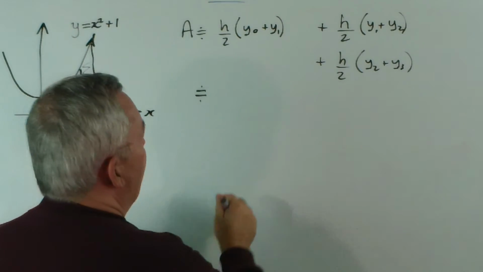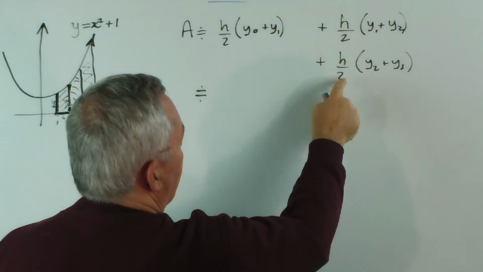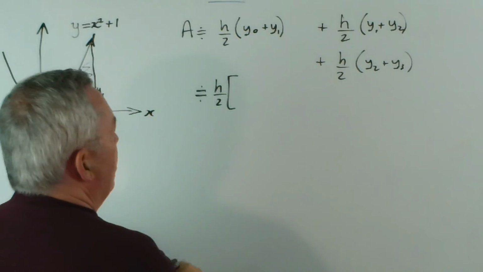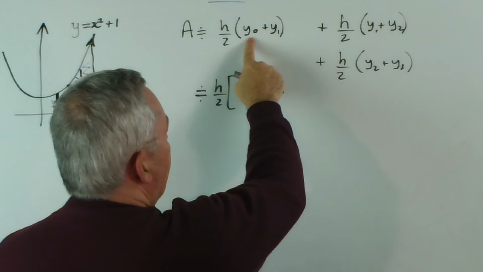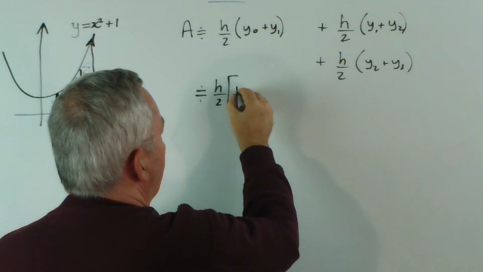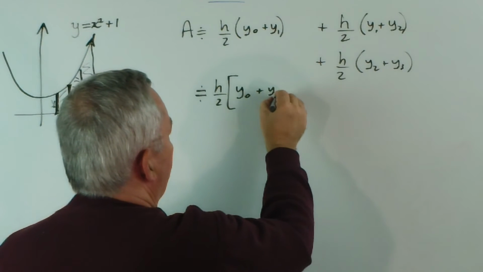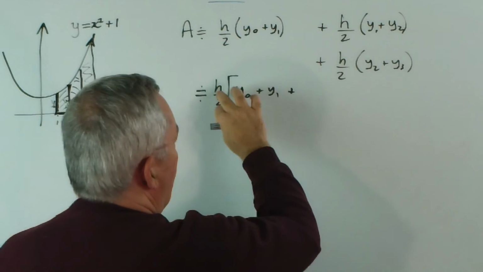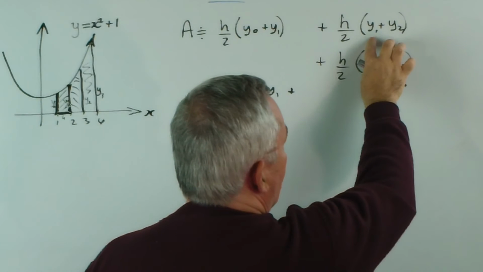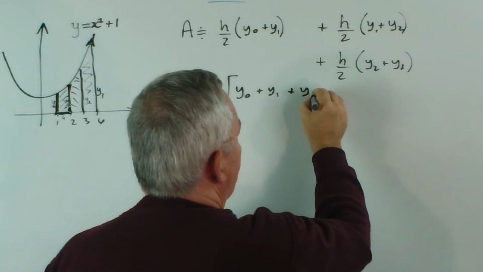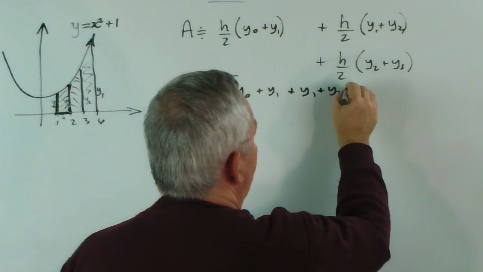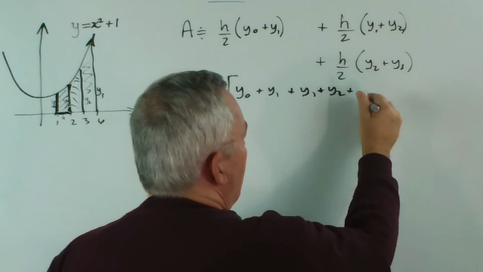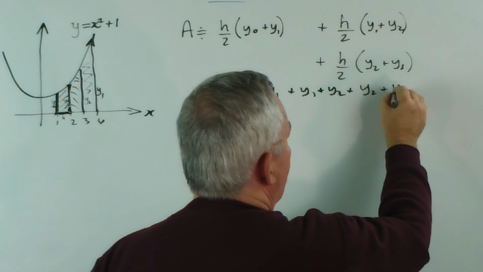And what textbooks commonly do is they take this h on 2 out the front, and they recognise that we have y0 plus y1 plus, and then the next term h on 2 is multiplied by y1 plus y2, and then in the third strip we have h on 2 multiplied by y2 plus y3.